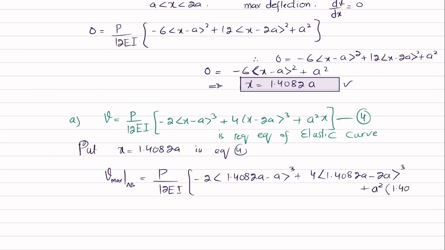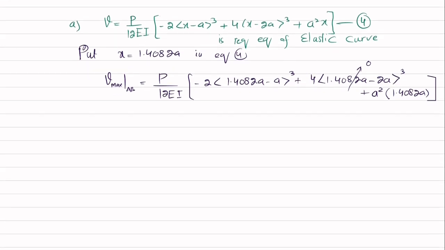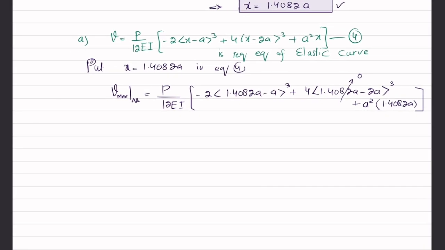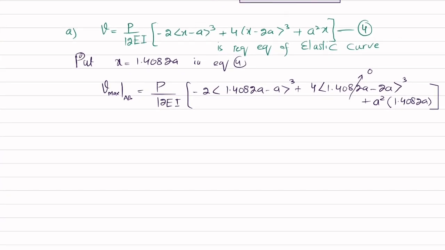Okay, so now in the second term, 4 times this term is negative, because anything inside the Macaulay bracket that is negative is considered as 0. So we will get the maximum deflection in region AB.